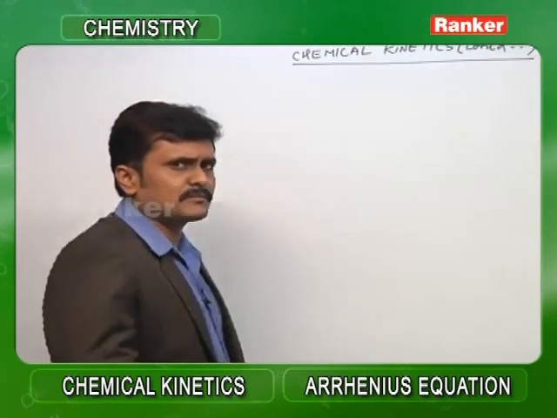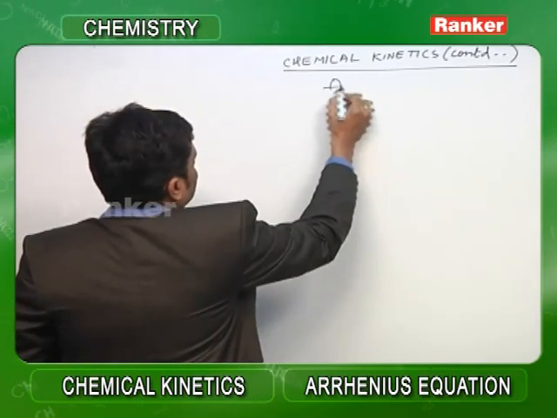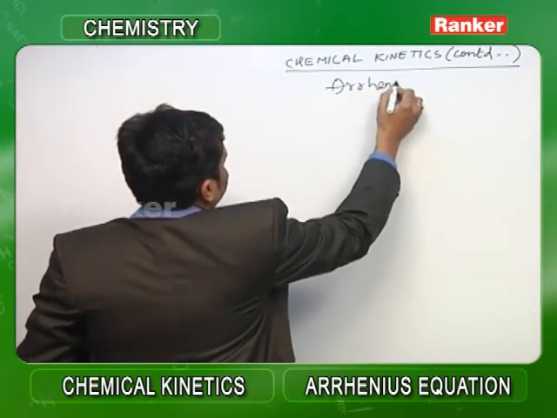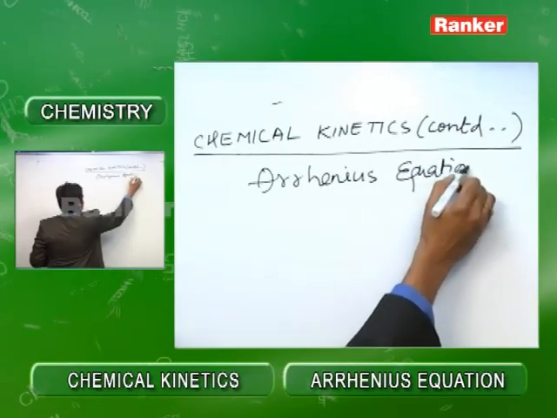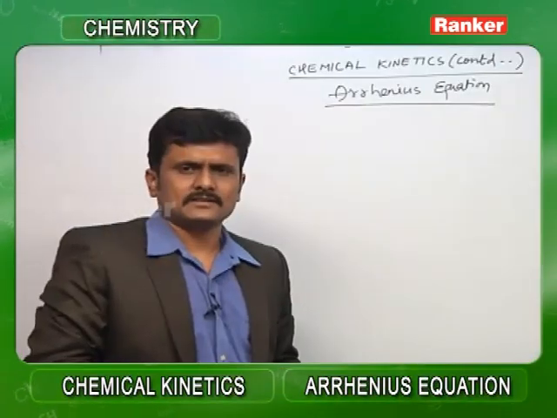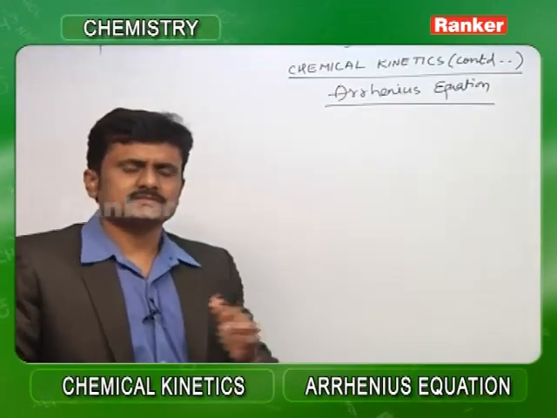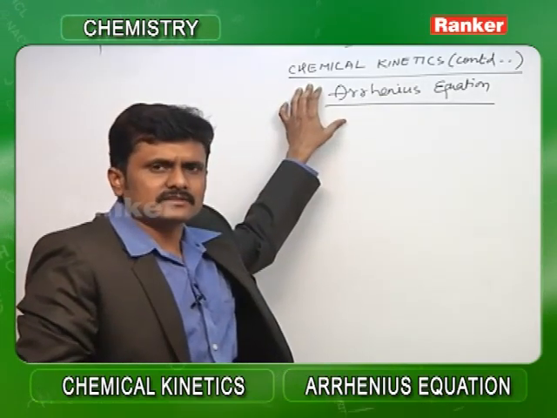It comes to another important topic associated with this chapter, which is the Arrhenius equation. As we are all aware, when temperature is changed, there will obviously be some variation in the rate of the reaction.